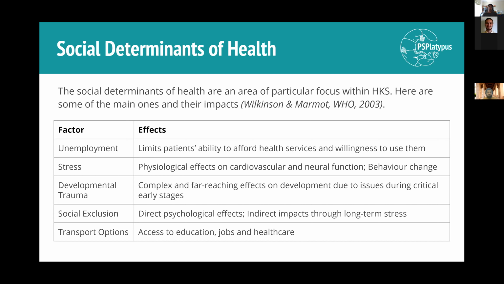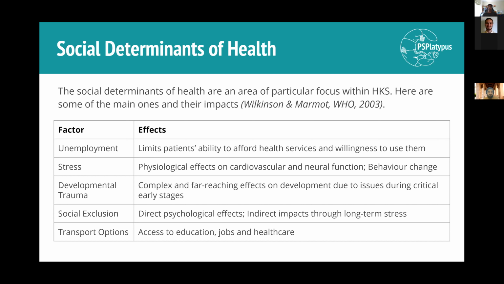And we can have developmental trauma. So if you have interrupted development in your early childhood, then that can have a serious impact on your later life. And really, decades down the line, we can have impacts of early developmental trauma. Social exclusion. So this can be any number of different things, from racism to simply feelings of isolation.